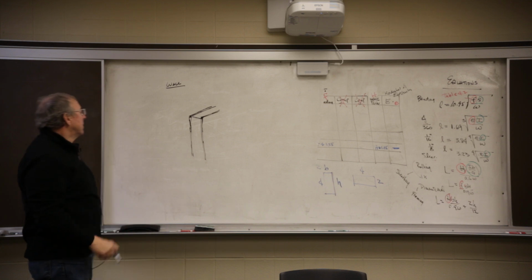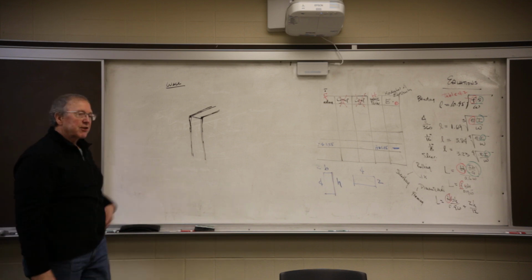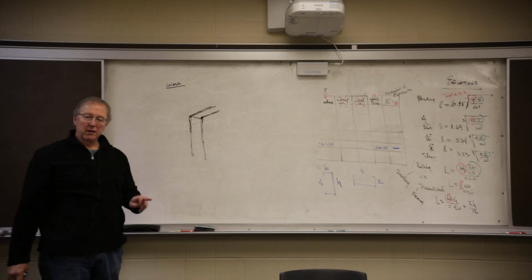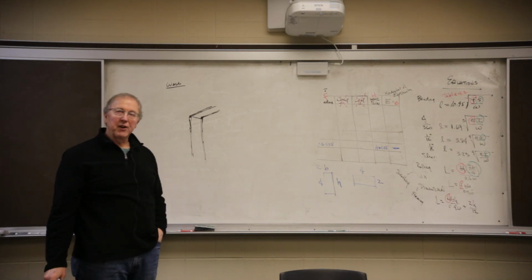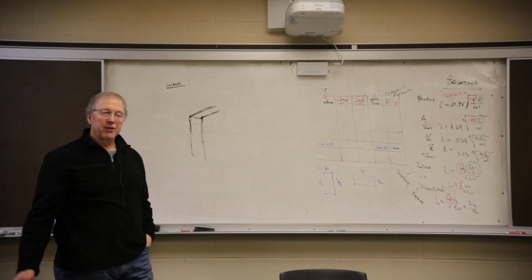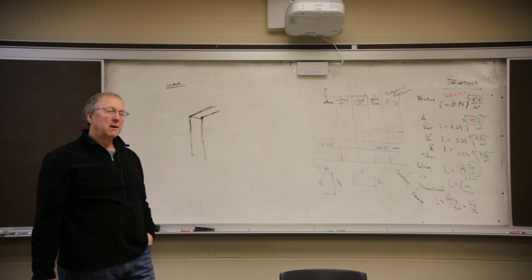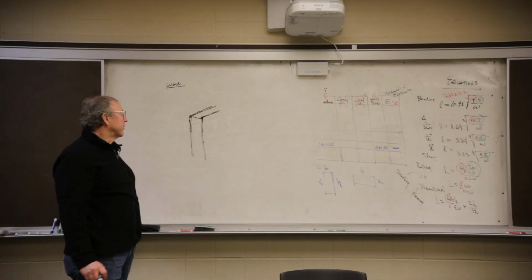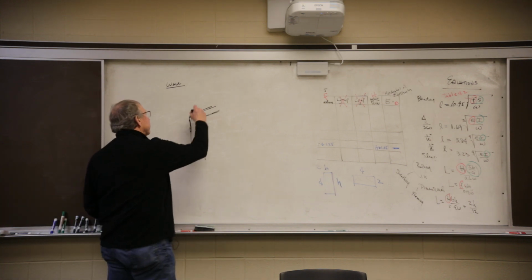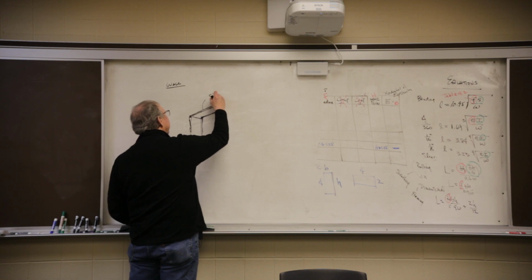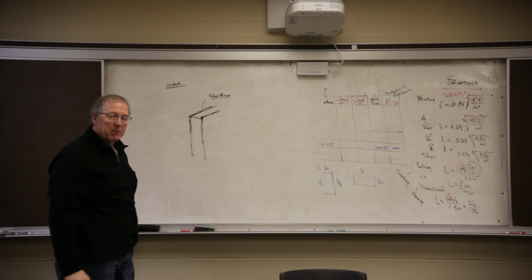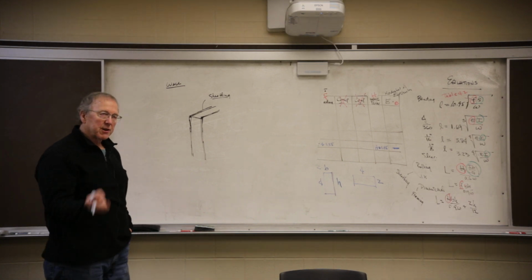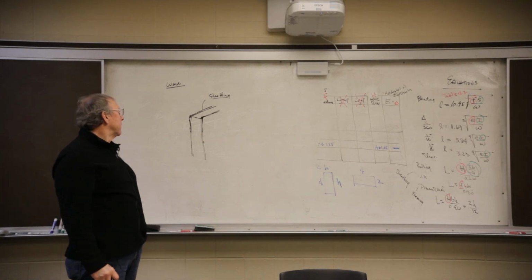Okay? Now of course the distance apart is determined by your size of your wall ties, whether you want an 8-inch thick wall, a 10-inch thick wall, a 12-inch thick wall, or so on. So this is the sheathing. And one side is the same as the other, so we just have to worry about one side. What we do on one side, we'll do exactly the same on the other.